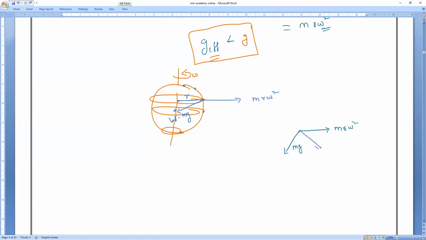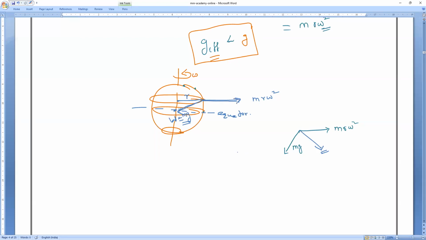Am I right or wrong? Please respond. So the weight W equals mg acts towards the center, and this is m r omega square.